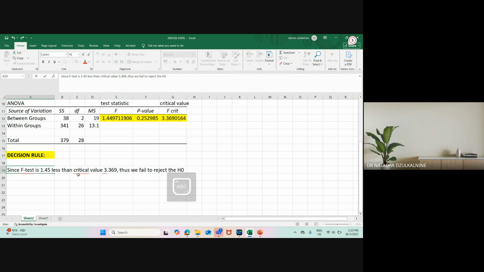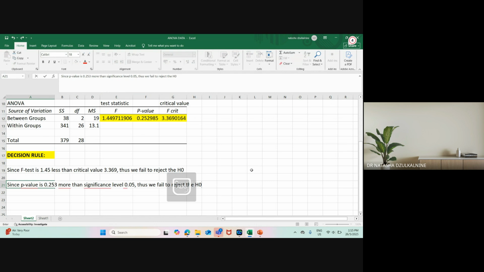And another one, since the p-value is 0.253, more than the significance level 0.05, thus we fail to reject the null hypothesis.